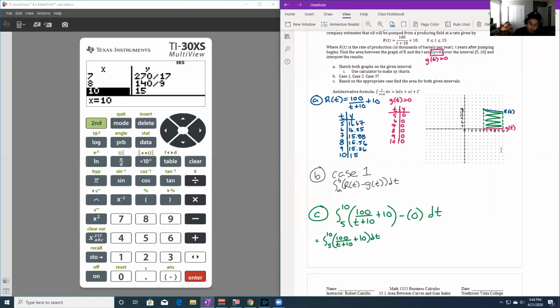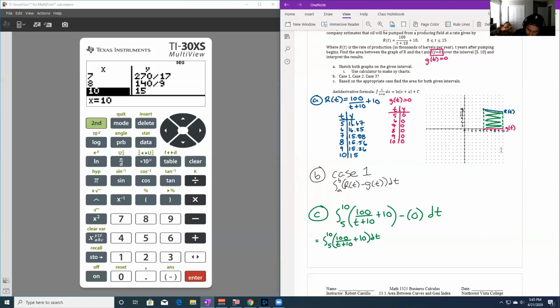Okay, got to do some more rewriting here. So I'm going to split this into two integrals. And the reason I'm doing this is because we have a new antiderivative formula above, if you saw that. Where right there above says the integral of 1 over x plus a dx is the same as the natural log of the absolute value of x plus a. So that's the new one we're going to use. But in order to use it, I need you to see it, so I'm going to rewrite.